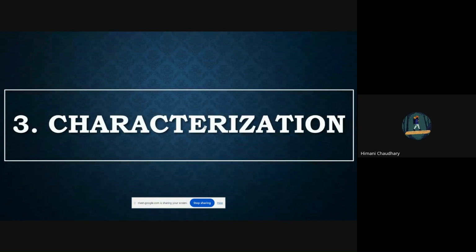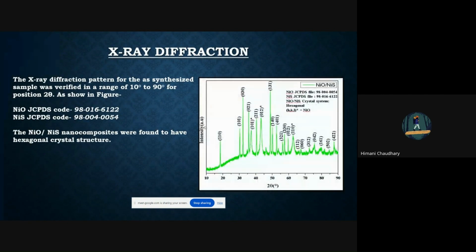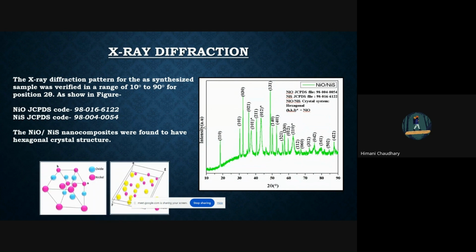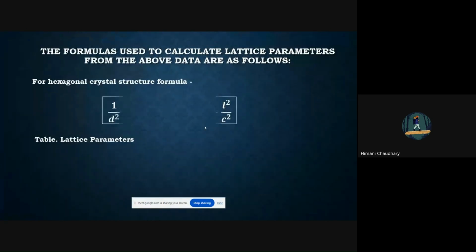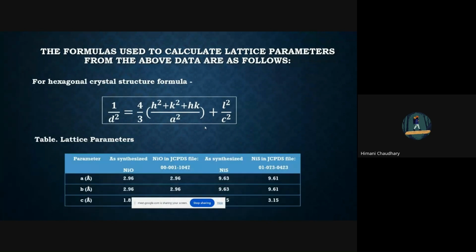Now with the characterizations, the first characterization is the XRD. This is the XRD pattern, and it perfectly matches the nickel oxide and nickel sulfide JCPDS. This nickel oxide, nickel sulfide nanocomposite was found to have a hexagonal crystal structure. And we calculate the lattice parameters with the hexagonal crystal structure, and this is the table.